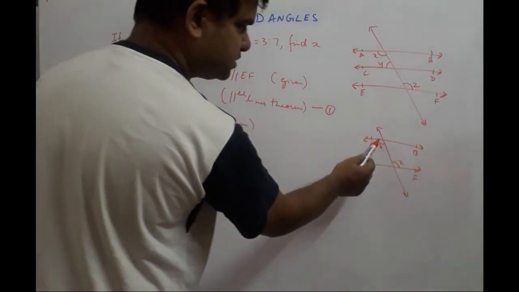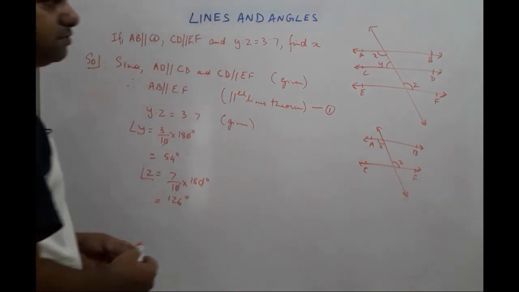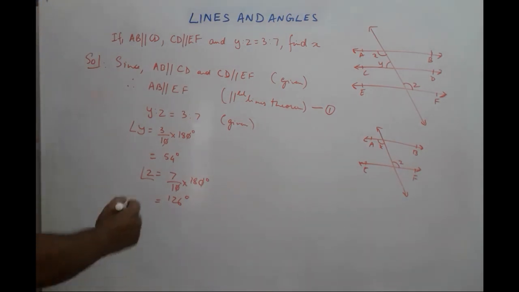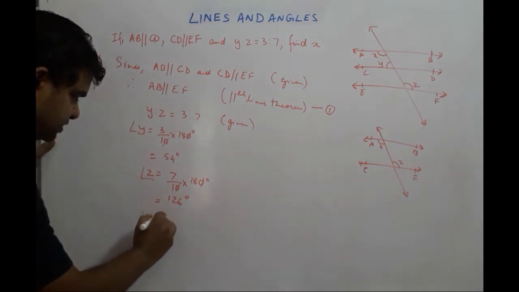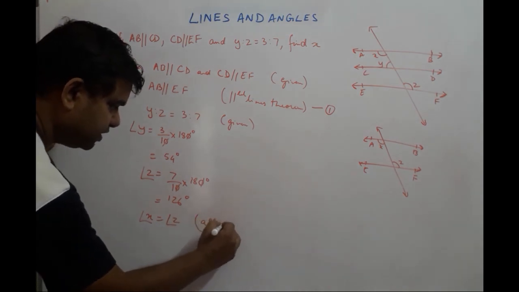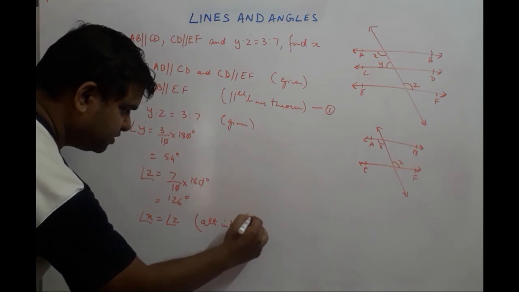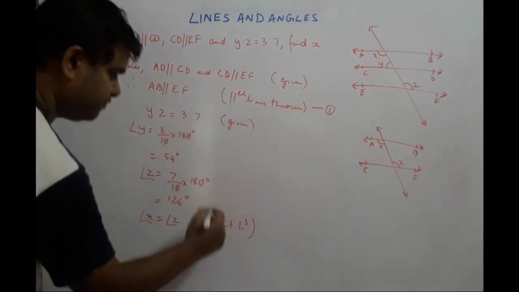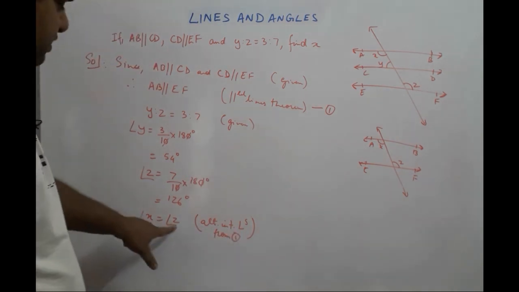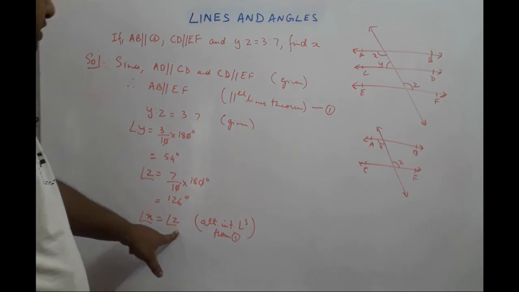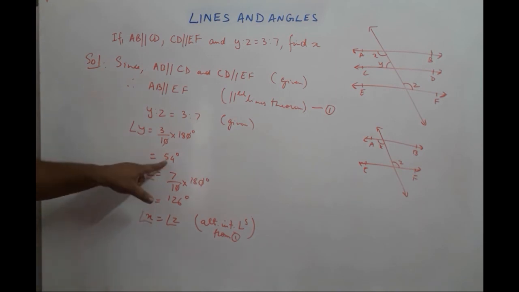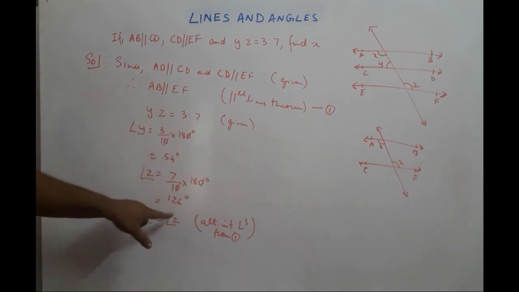Aren't these alternate interior angles now? We have already proven them as equal. So we can say that angle x is equal to angle z. Why? Because they are alternate interior angles. Okay, from where? From 1. Now if you say angle x is equal to angle z, that means angle x, which we need, is equal to 126 degrees.